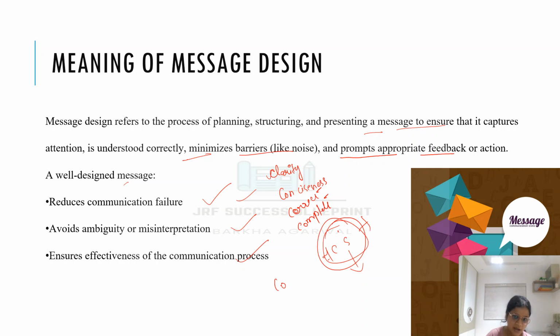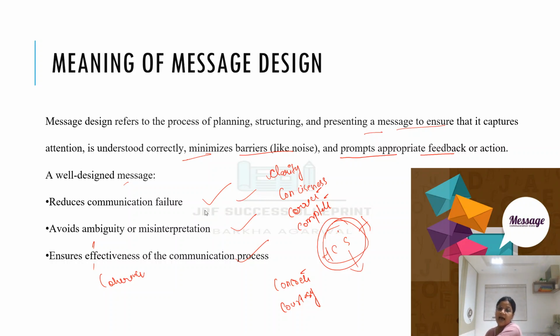It should be concrete. It should be courteous. And coherence, and the 7 are done. So, understood what the 7 C's of communication are?